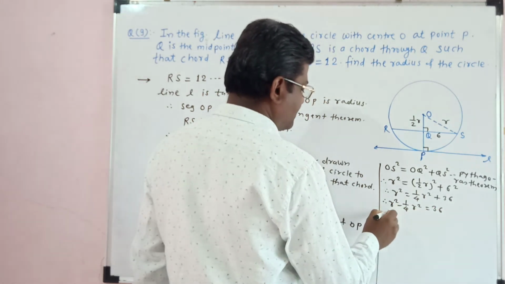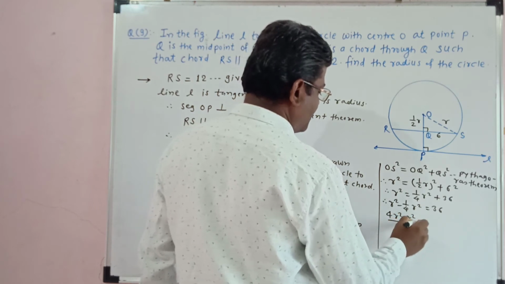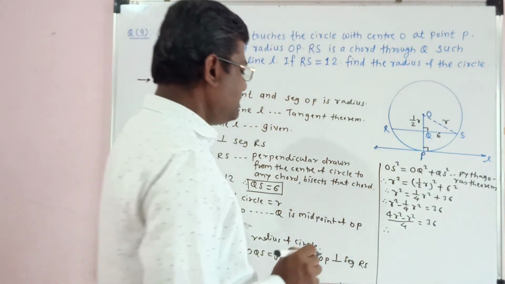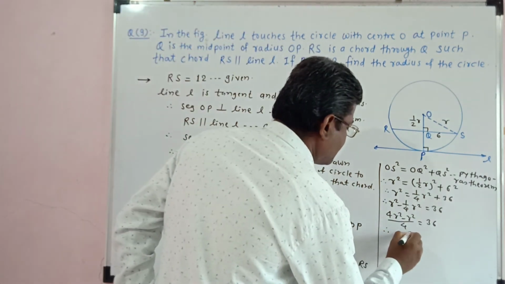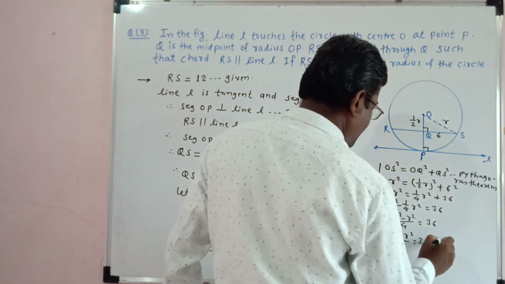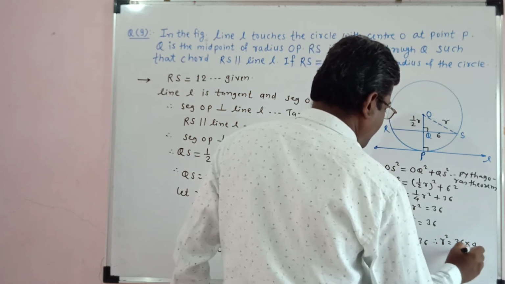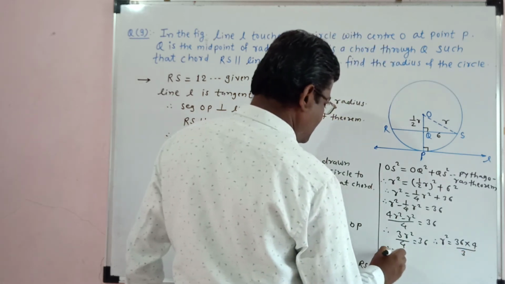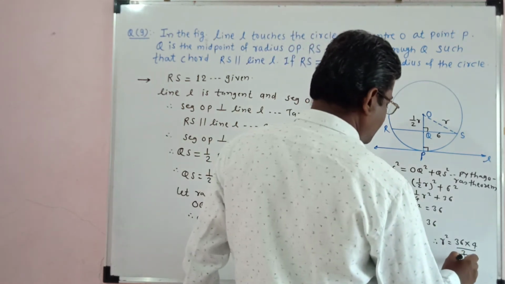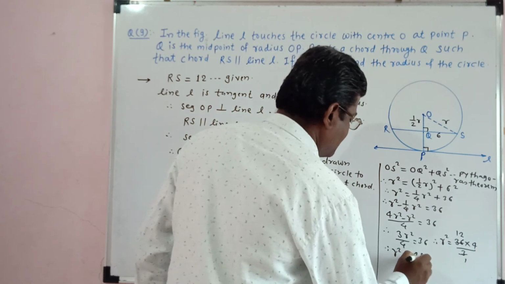So 4 R square minus R square upon 4 is equal to 36. 4 R square minus R square is 3 R square upon 4 is equal to 36. Therefore R square is equal to 36 into 4 upon 3. Dividing 36 by 3, it will be 12. Therefore R square is equal to 48.